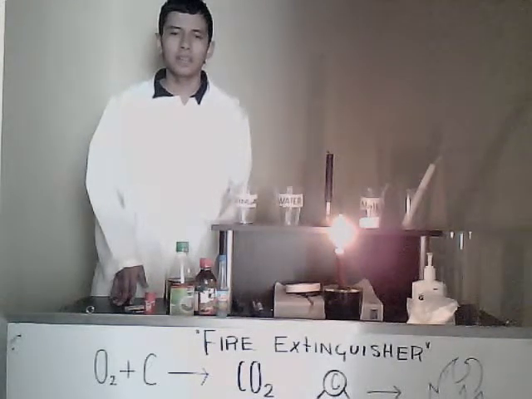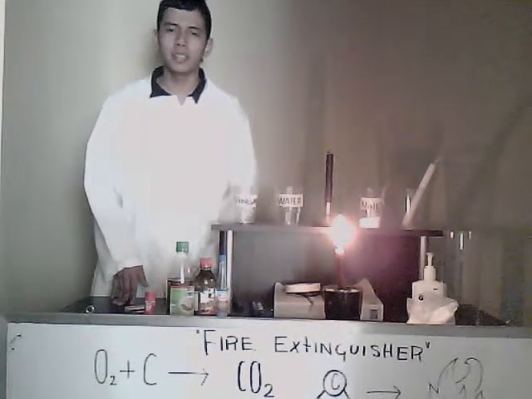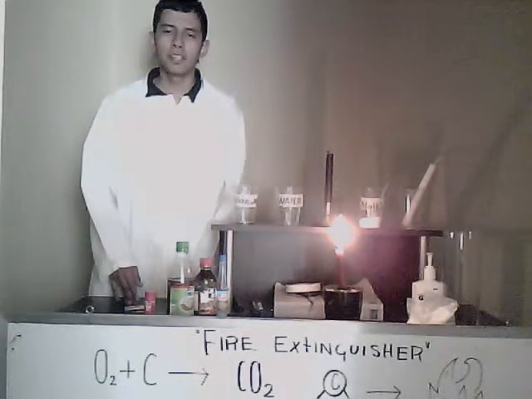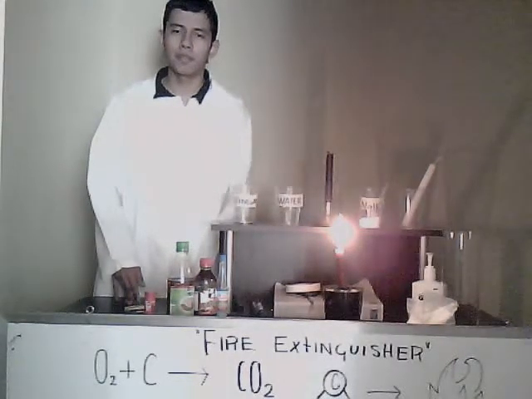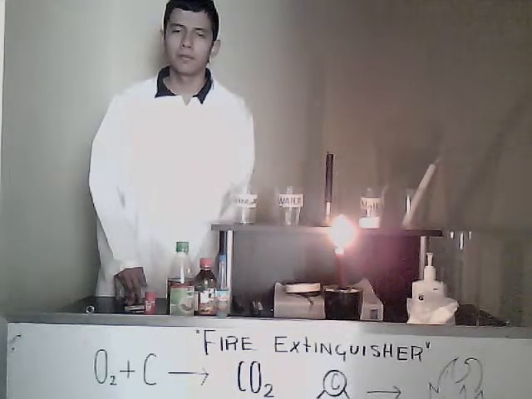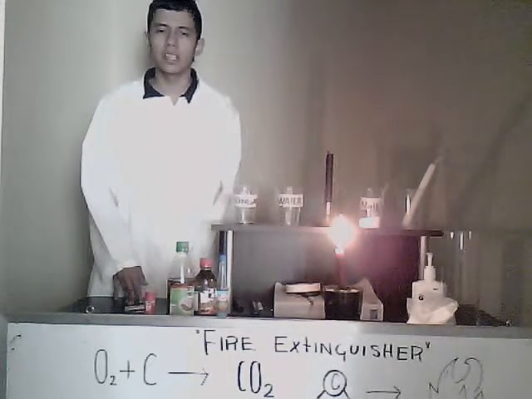We also have fire extinguishers of range B that work with flames that come from gasoline or kerosene, okay? And at the end we have range C that works to turn off flames that come from any electrical issue, okay?